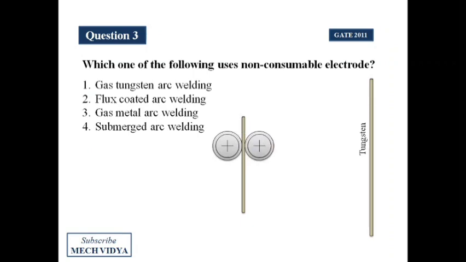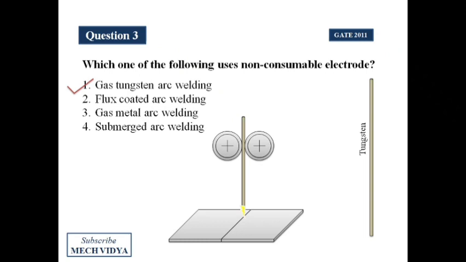Just for your information, in options 2, 3 and 4, in all these cases we use a consumable electrode. Consumable electrode means this electrode is fed with the help of wire rolls, and it gets continuously deposited in the weld pool. Okay, so the correct option is gas tungsten arc welding.